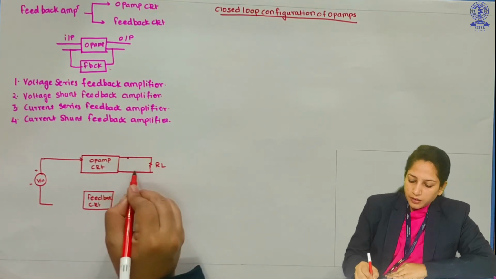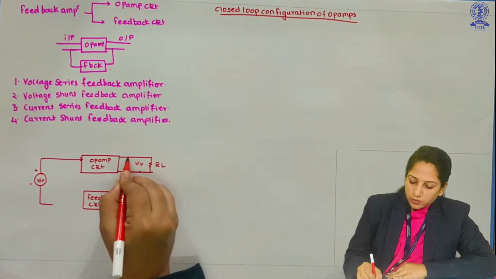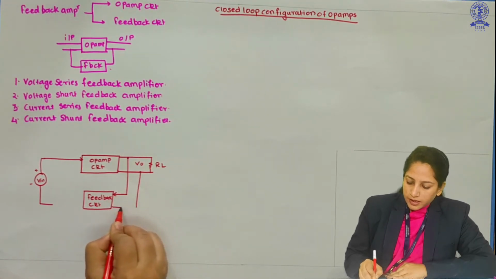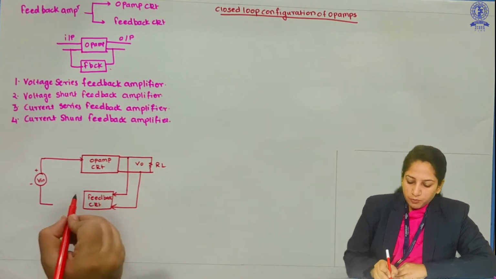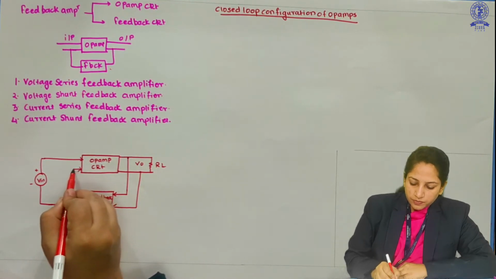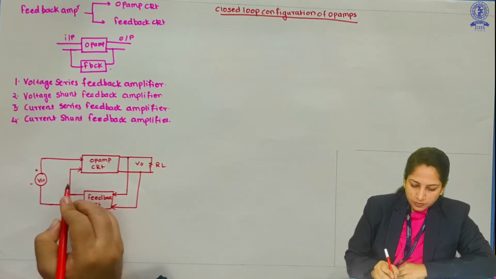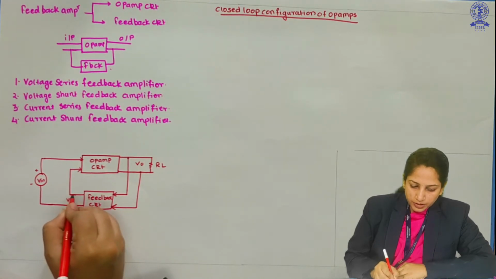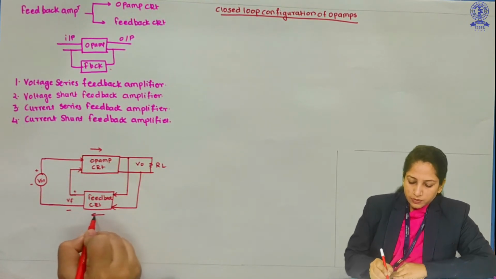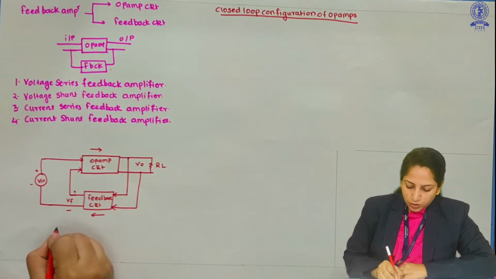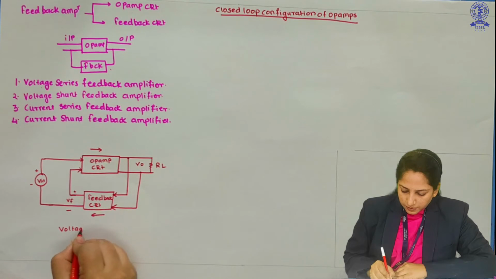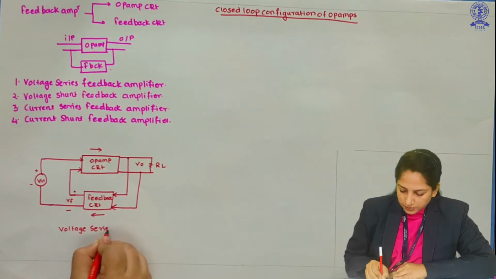From here I will take the voltage, that is V0. This V0 voltage is given as an input to the feedback circuit, and the feedback circuit output is in series, so here will be the output voltage Vf, plus minus, which will be given to the input side. So this is the voltage series feedback amplifier.